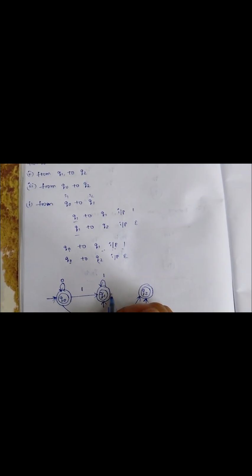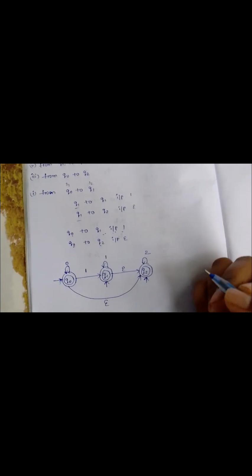Next, in this diagram, Q1 with input 1 remains in the same state. Next, Q1 to Q2 with input null. Next, Q2 with input 2 remains in the same state.